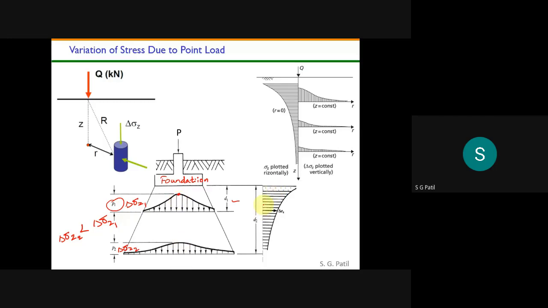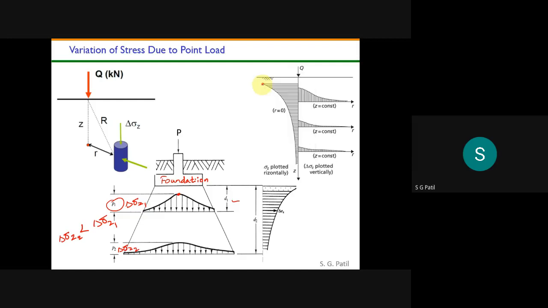The same holds good for the radial distance. Just near to this loading, the stress will be high. As you go away from the loading, the stresses will decrease.